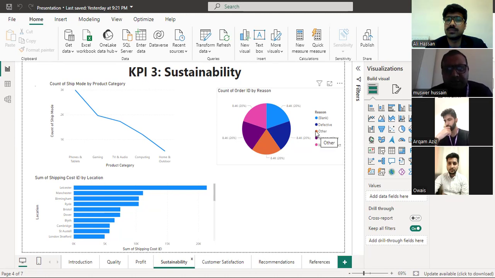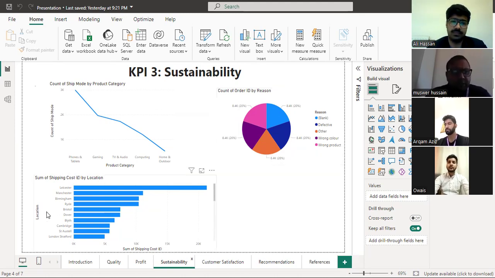The third is other, 8.4K, 20%. The fourth is wrong color, 8.4K, 20%, and the last is wrong product, also 8.4K, 20%. All these reason values are the same.